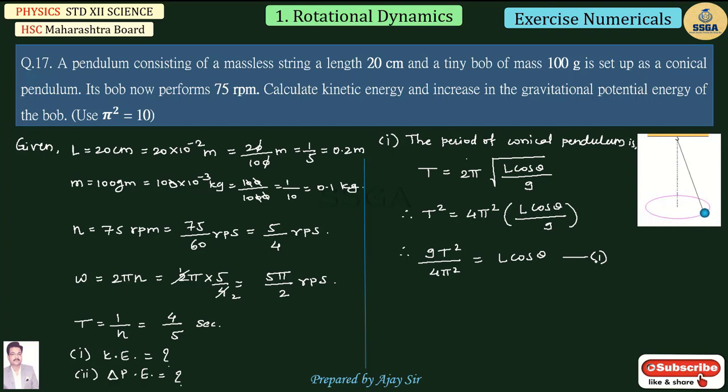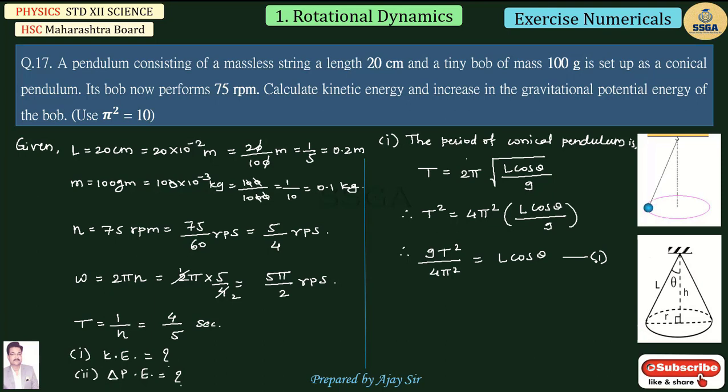Now by using the geometrical diagram of this conical pendulum, where L is the length, theta is the angle, h is the height from the horizontal circle, and r is the radius of that horizontal circle.